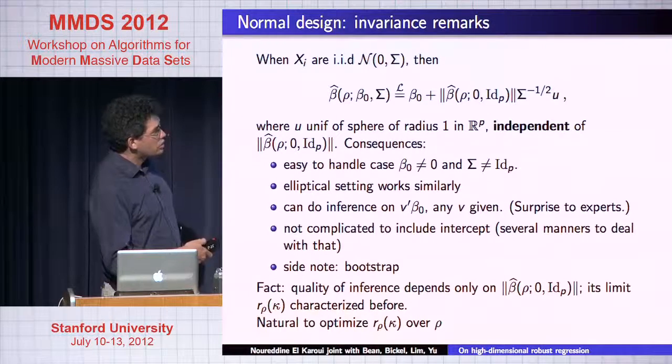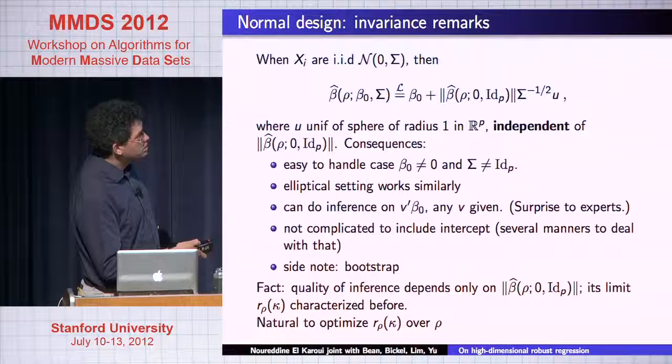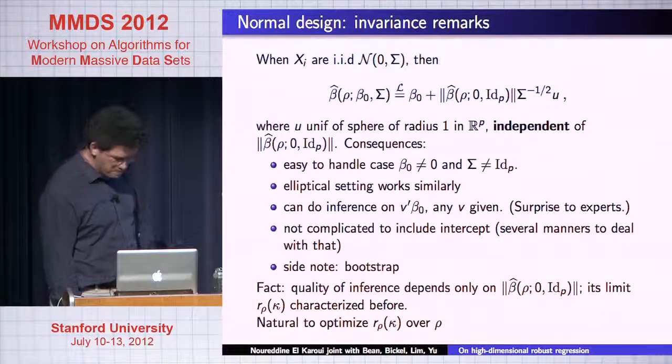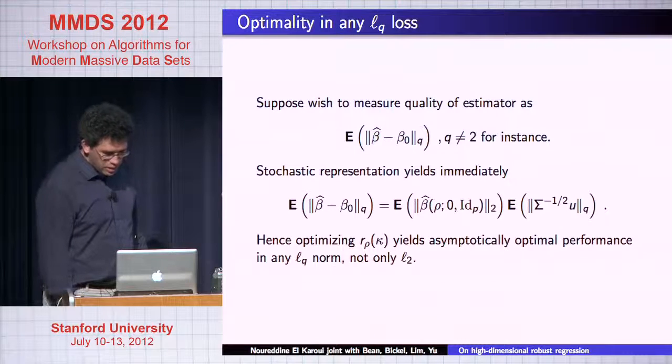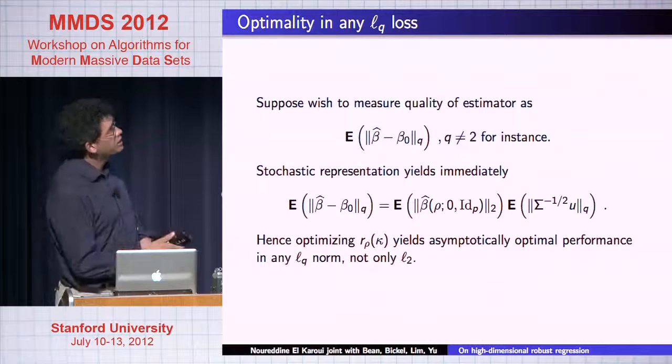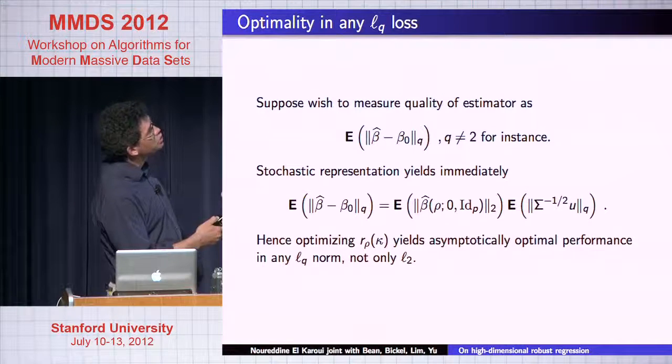And so it's natural to try to optimize this r_rho(kappa), which is the limit of this quantity, over rho. Okay? All right, I also want to say, and I'm going a bit fast, that optimality here can be measured in any sort of norm.